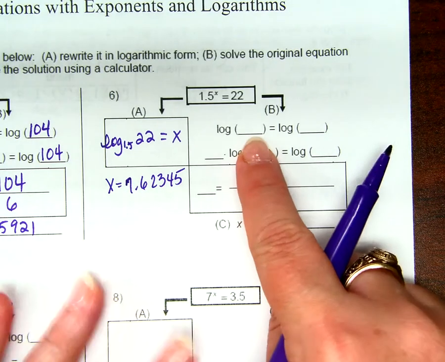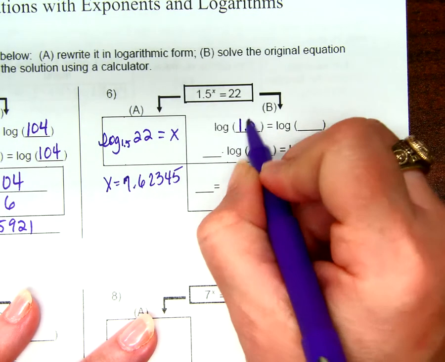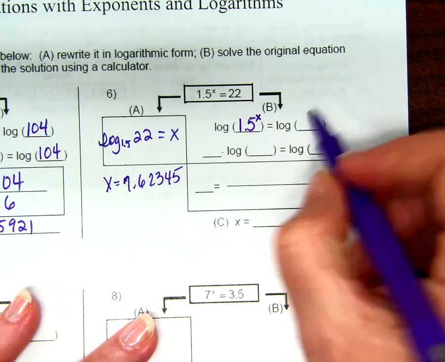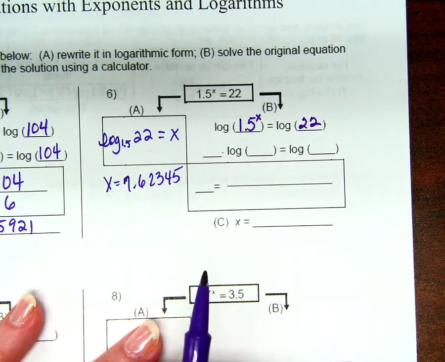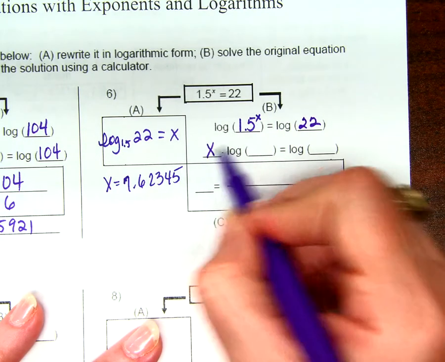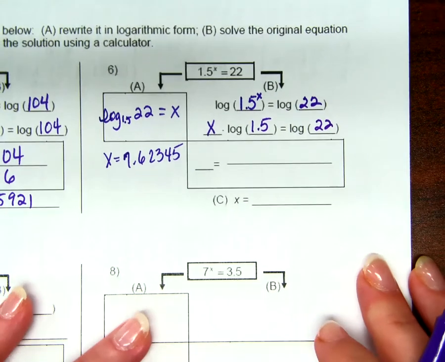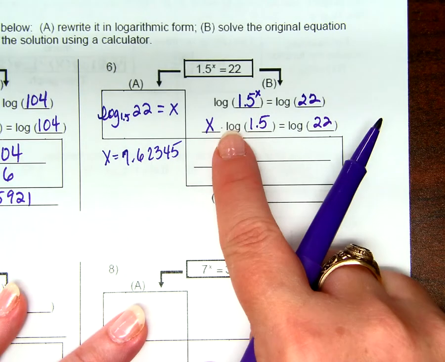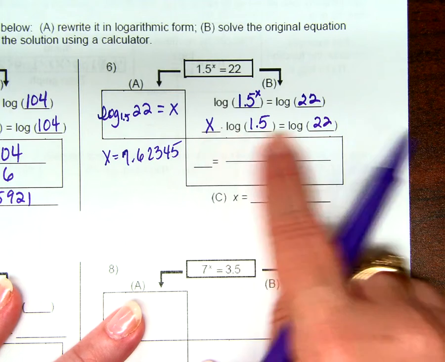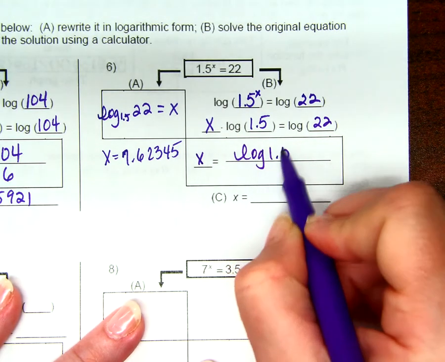Or I could take the log of both sides and have the log of 1.5 to the x power equals log of 22. If I bring x down in front as a multiplier, which I can do because of properties of logarithms, then when I divide both sides to isolate the x, I would divide both sides by log of 1.5.